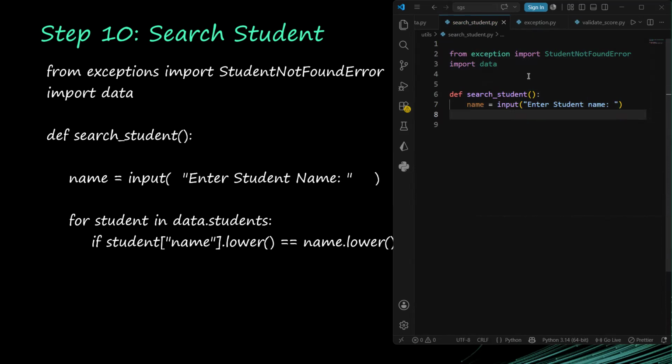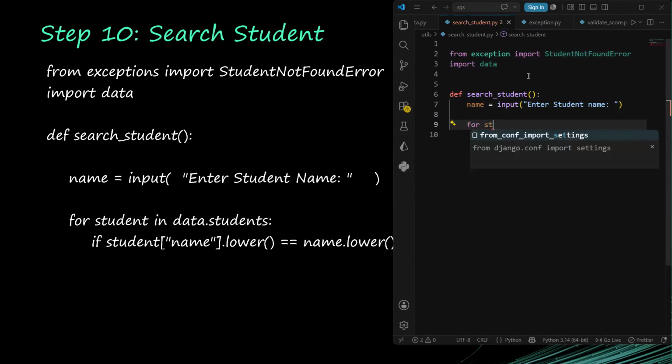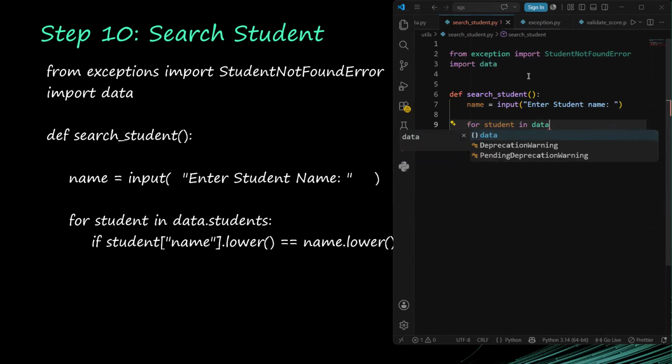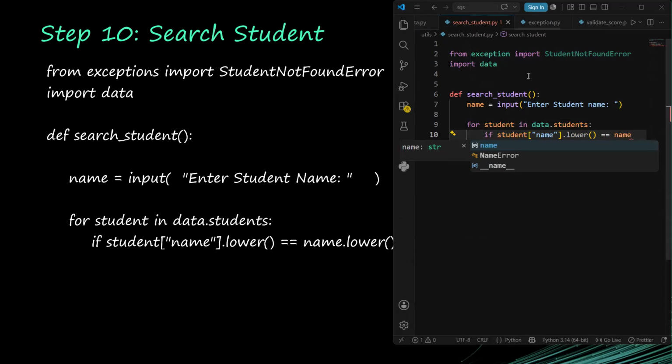So when they give us the student name, we are going to loop through our JSON data, data.students. So we say for student in data.students, we want to say if student of name, remember the key is name, then we want to convert it to lower so that we don't care whether the user gives us lowercase.